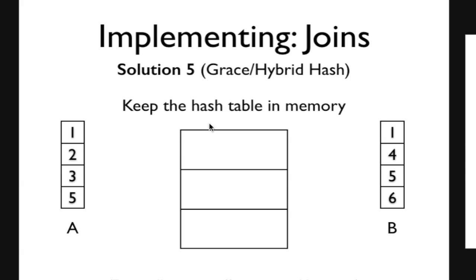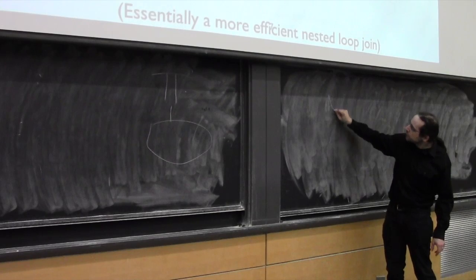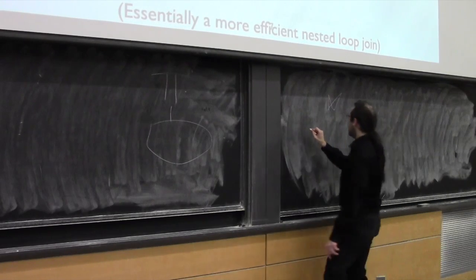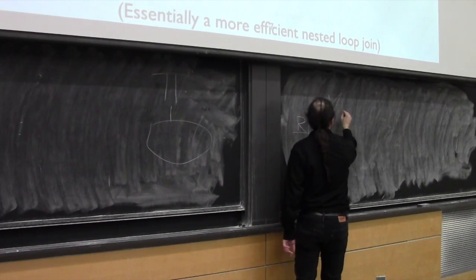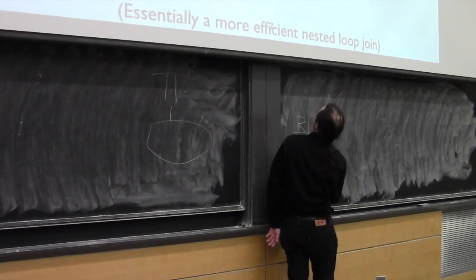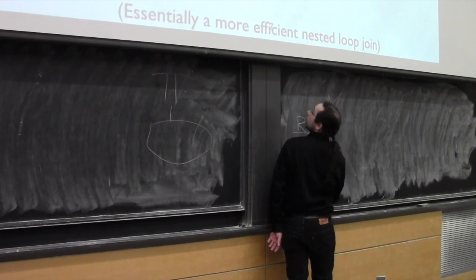Okay, I think I have a sense of what you're asking. Let me draw an example on the board and see if I follow what you're asking. So you're doing a join, and you have some relation with an attribute: 1, 2, 3, 5.